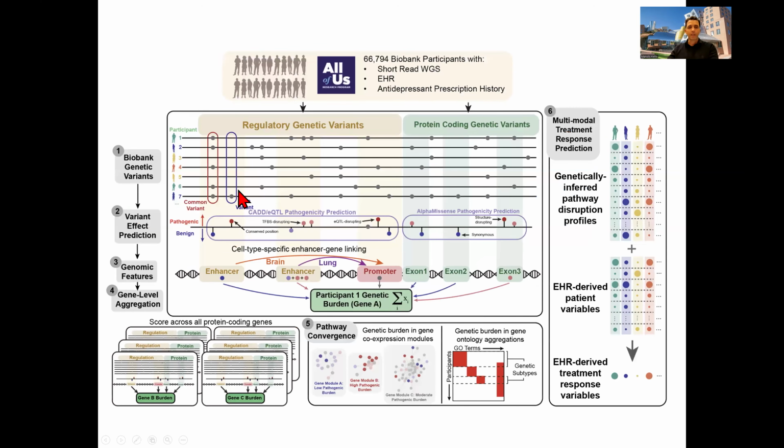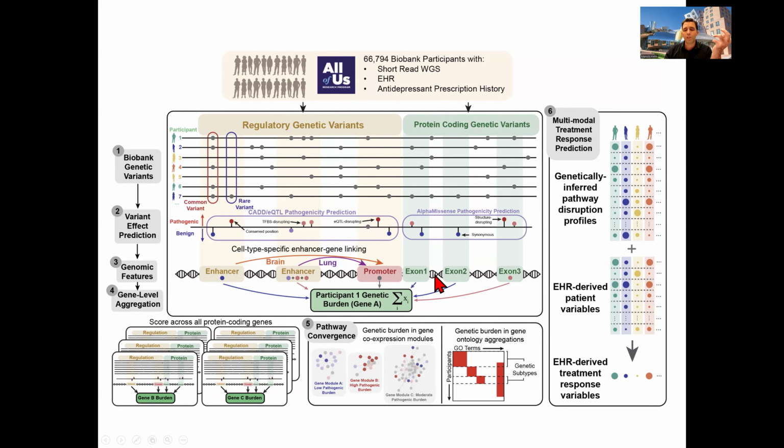And you can see this in the context of this convergence model, if you wish, that tells you how much conservation is there at the level of individual letters. How is that aggregating at the level of an entire enhancer across multiple mutations? How are these enhancers lining up to a specific promoter for the expression of a gene?